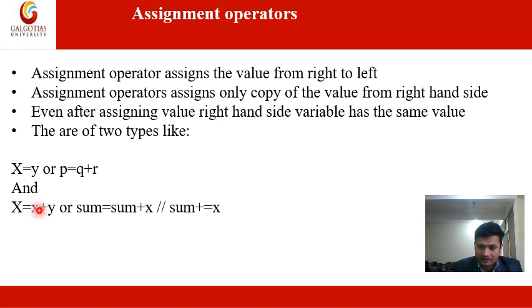Dear students, always remember that if you are using the same variable on both sides of the assignment operator and you are adding, always take this variable as 0 in the beginning. But if you are multiplying this variable with the other variable, then always take this variable as 1 in the beginning.